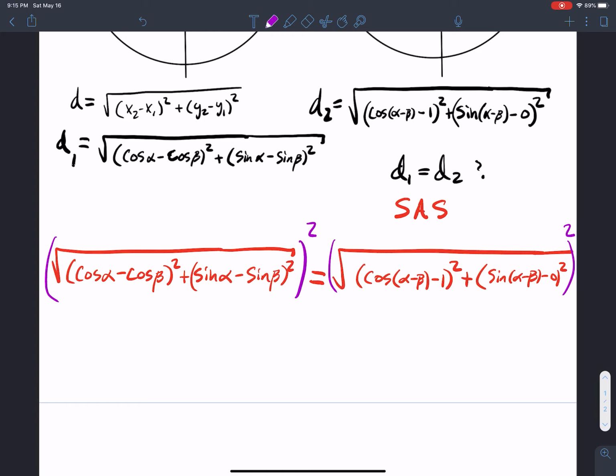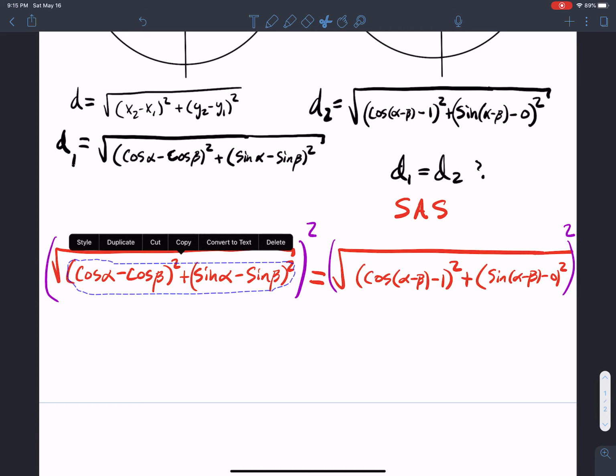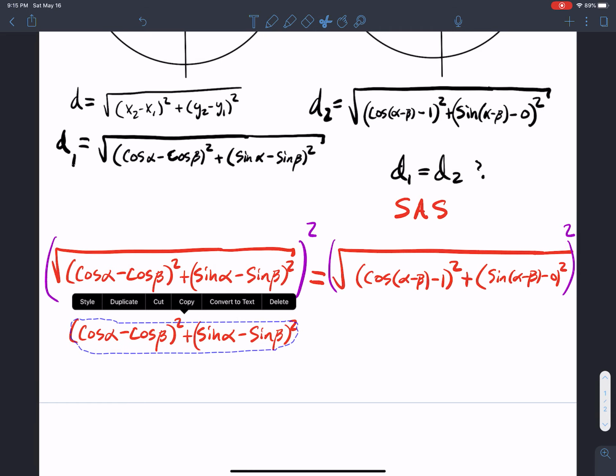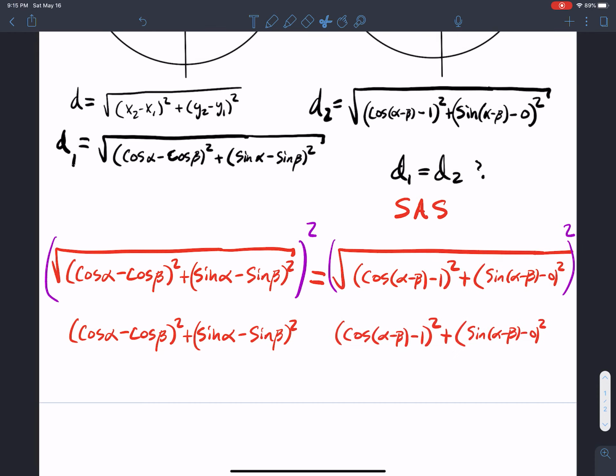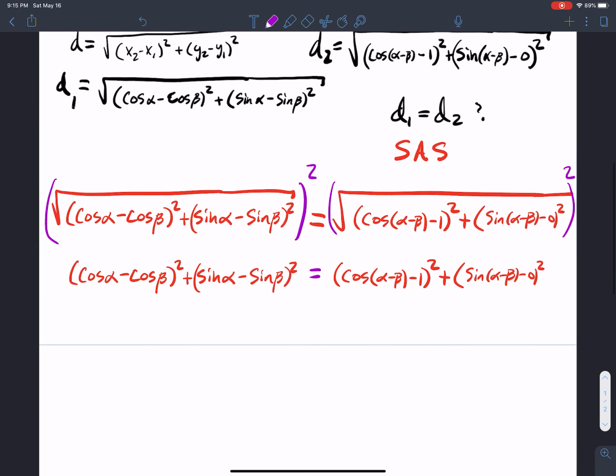So when I do that, I literally drop out the square roots. I'm going to be lazy here and rewrite it like this. Okay. Now I'm going to work through the math here. If I square this right here, let's see, what am I going to get?